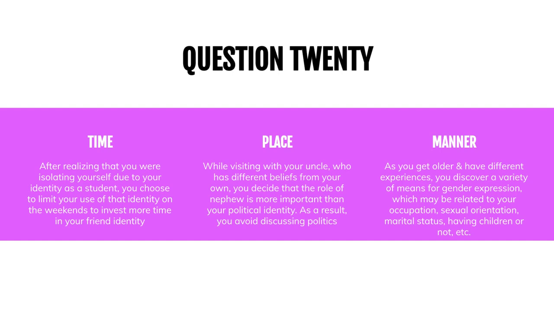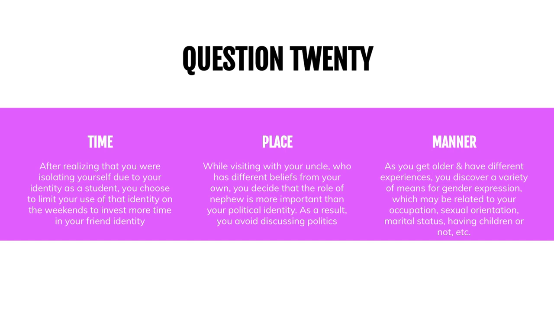And for the final question, question 20, ultimately, identity theory focuses on the self structure for motivating the enactment of identities and the long term social experience for the internalized meanings. So, based on your interactions with others and self perception over time, have you at all altered the time, place, and manner in which you enact different identities?